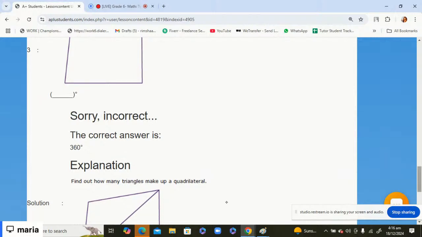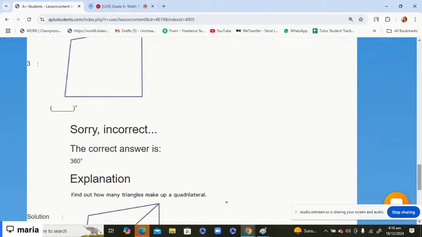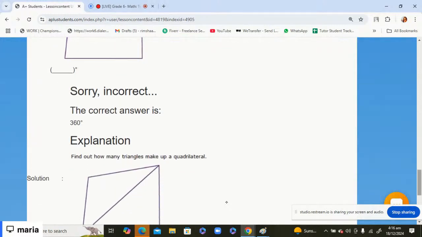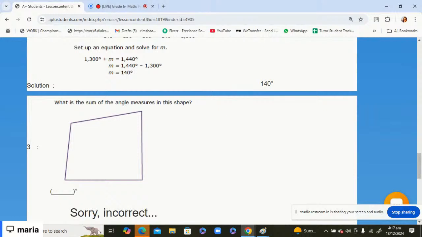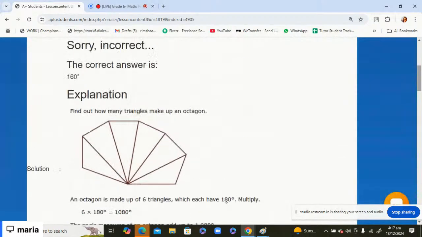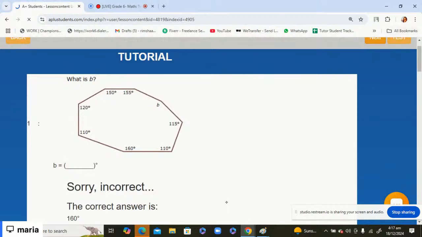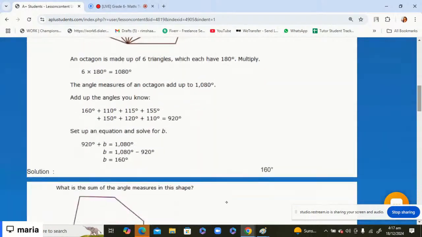Now look at here, the square form. There are two triangles, so just multiplying with 180, and in this way, as we know that the full square is equal to 360, so we just put 360 here. This is the same question.